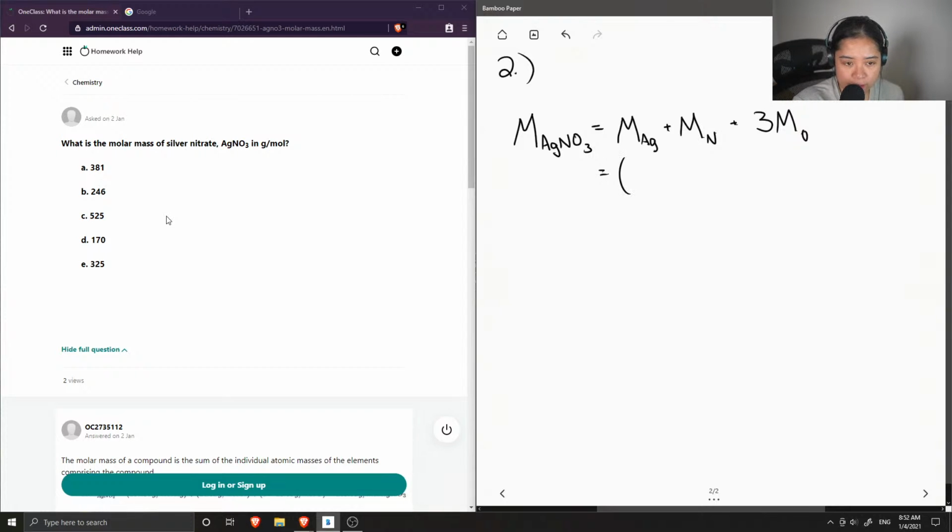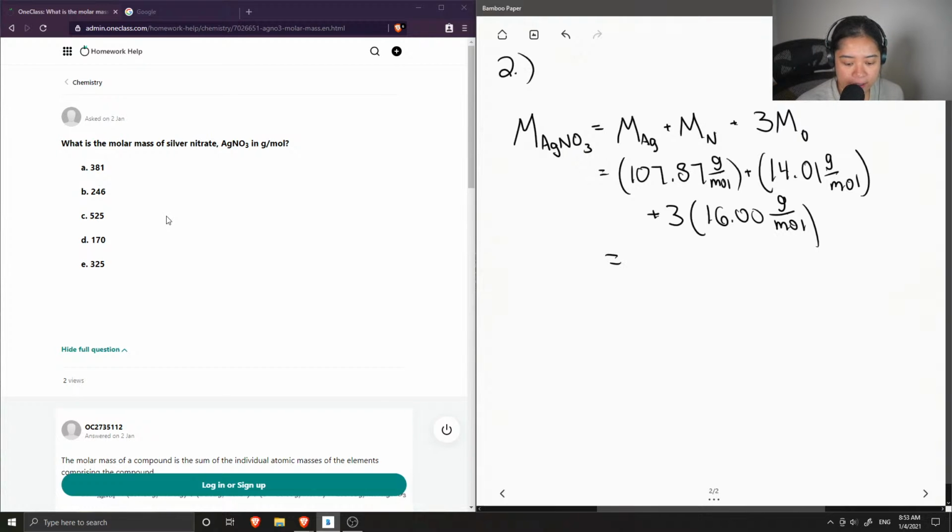So for silver, its atomic mass is 107.87 grams per mole, plus the molar mass of nitrogen, which is 14.01 grams per mole. And then finally, 3 times the molar mass of oxygen, which is around 16 grams per mole.